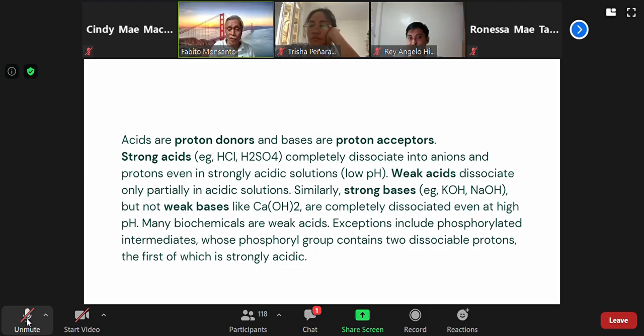All right, so strong bases completely dissociate, just like strong acids. Weak bases, like weak acids, do not dissociate completely. Okay?